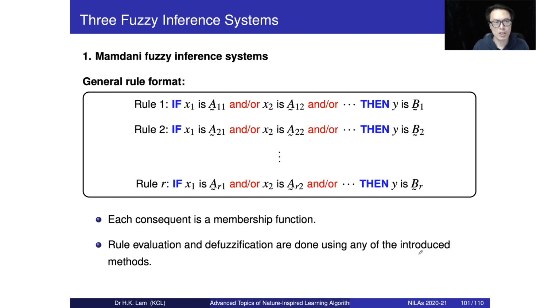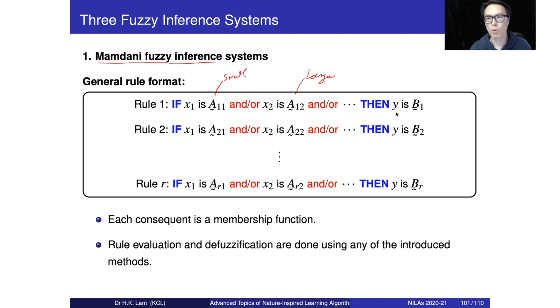Now, this is the Mamdani fuzzy inference system. Right here, you can see that in all these rules, in the if part, we have x1, x2, x3, and so on, which are the input variables, and then a11, a12, which are some fuzzy sets, say small, large, or something like that.